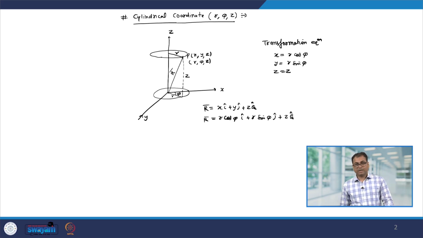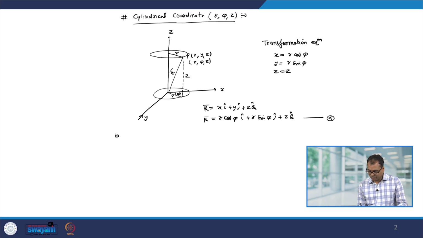Now, as we have done previously, let us look at the unit vector along the r, phi and z direction. For that, I have to differentiate this equation with respect to small r, small phi and small z. Okay. So, let us call it some equation number A and differentiate del r over del r. So, you can see it is cos phi i plus sin phi j.